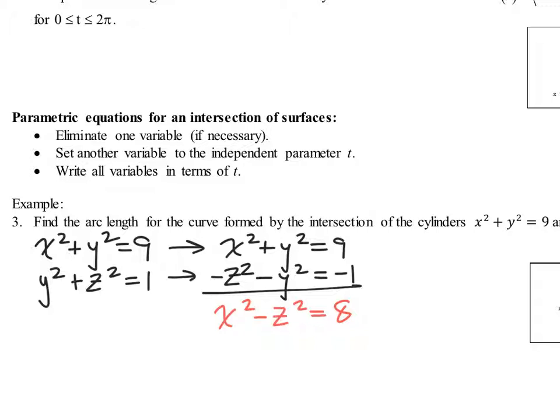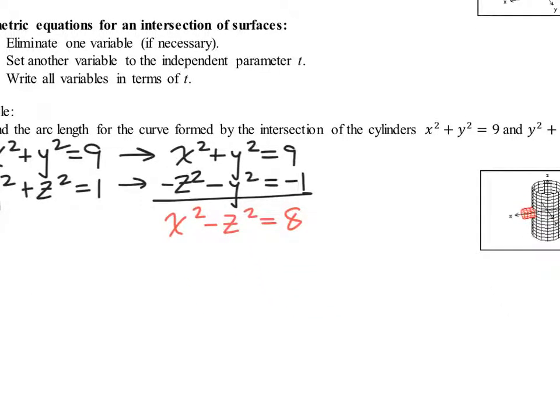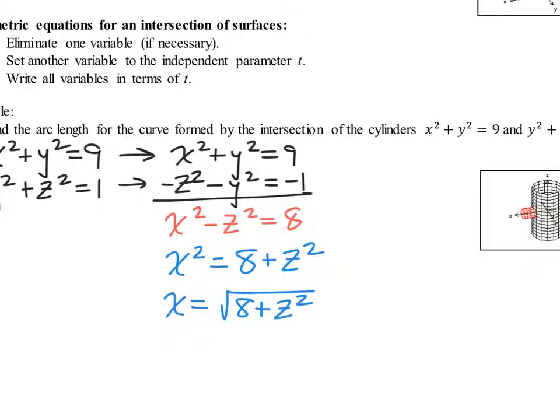So we have a relationship between x and z, and that's perfectly fine. I could solve this for x in terms of z. So x squared would be 8 plus z squared. I can take the square root and get x equals the square root of 8 plus z squared.